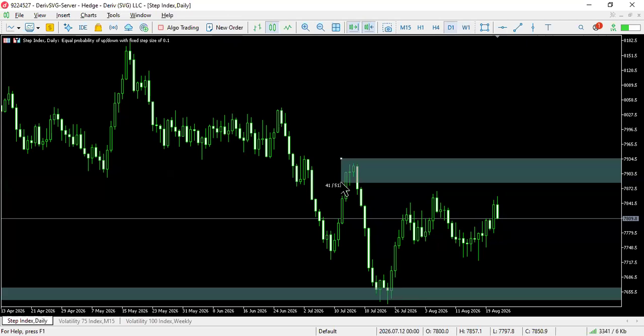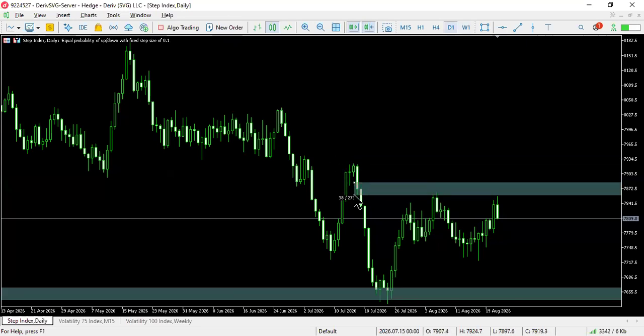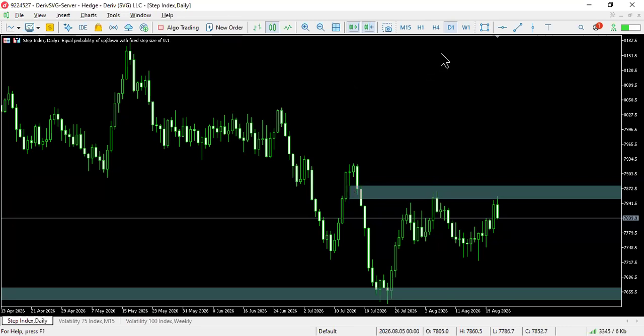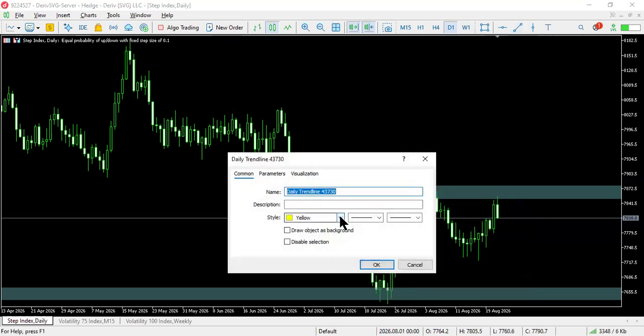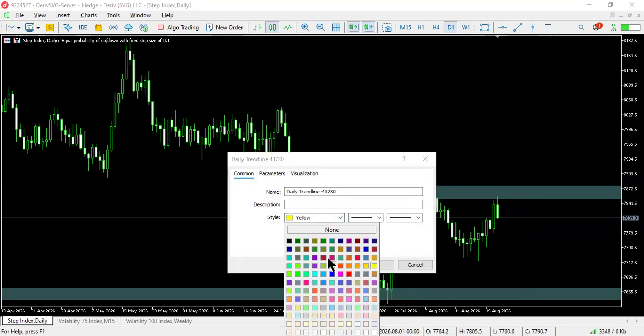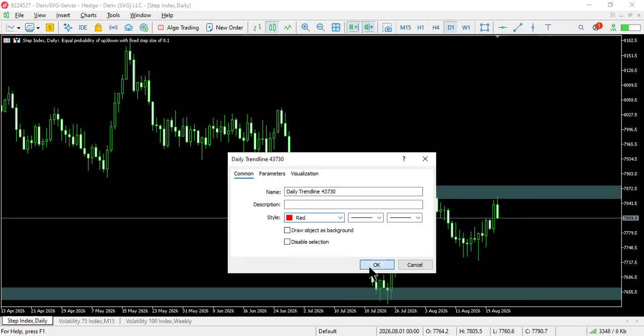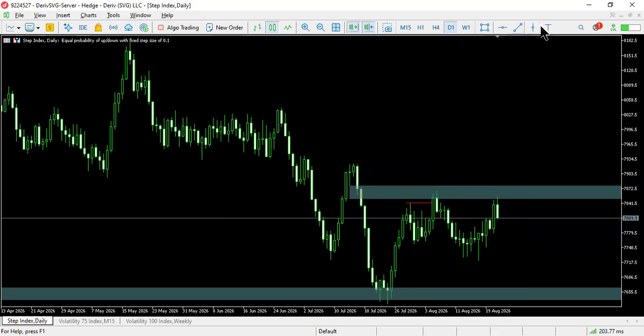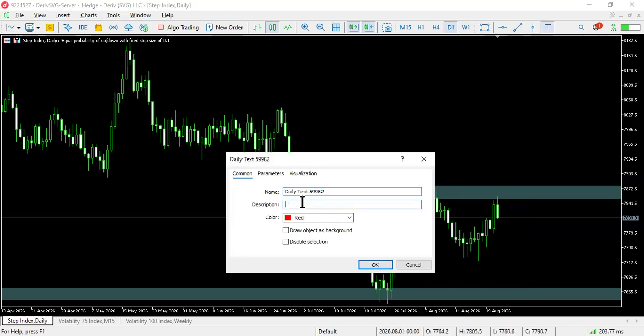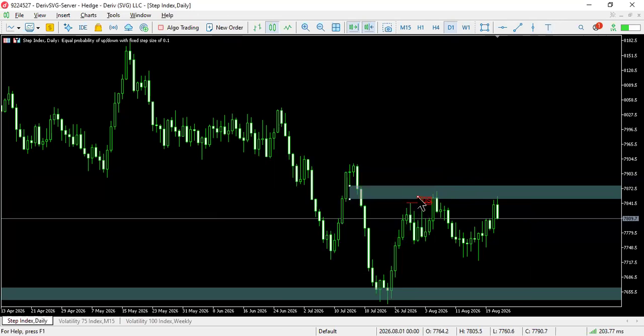From the daily time frame, we can see price reacting from that supply. Therefore, we have a break of structure right there.